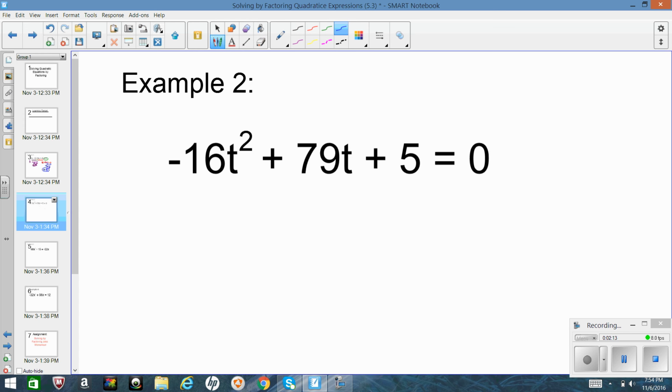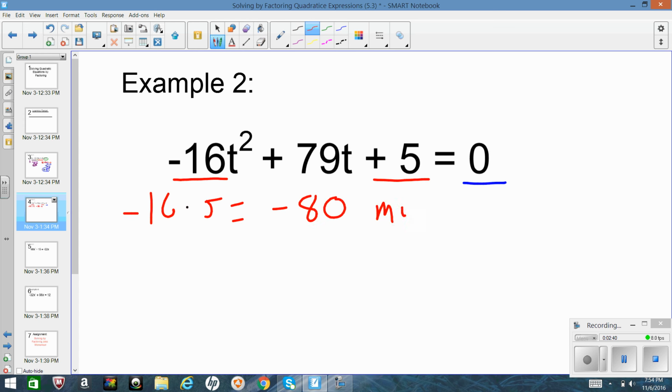So example 2. Notice how this one is still set equal to 0, which is good, but now it's not factored for us. So we're going to have to factor to start. Like we learned yesterday, you take your first term times your last term. So negative 16 times 5 gives you negative 80.